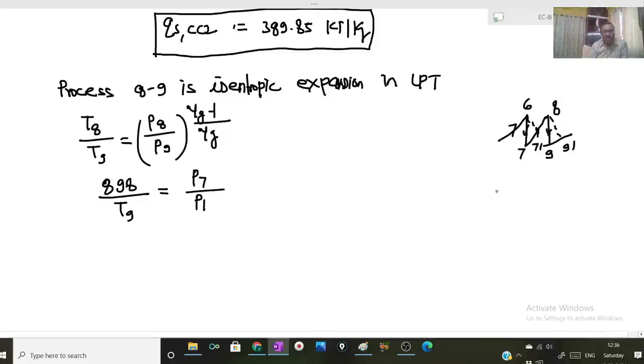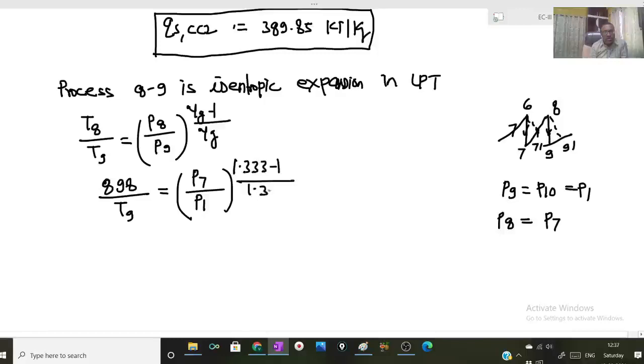We have, okay, P9 is equal to P10 is equal to P1 and P8 is equal to P7. 1.333 minus 1 over 1.333.